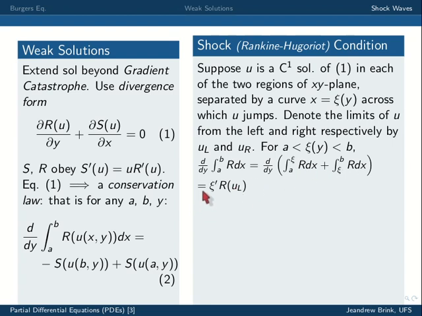This thing is equal to c prime times u left, minus the integral from A to c of ds dx dx, minus c prime times r of u right, minus this thing. Where does that come from?